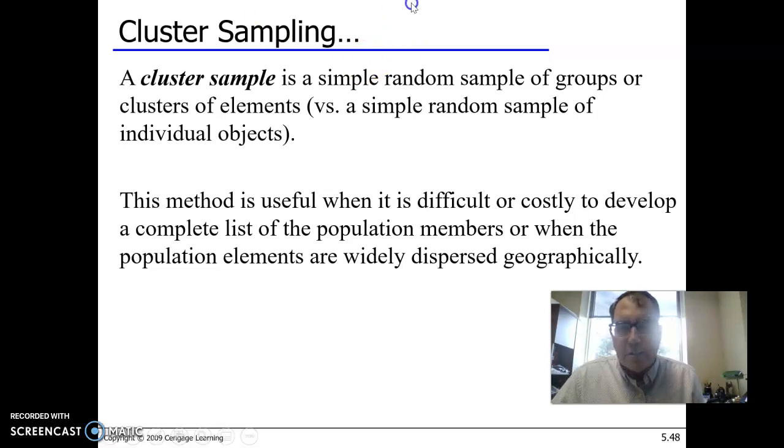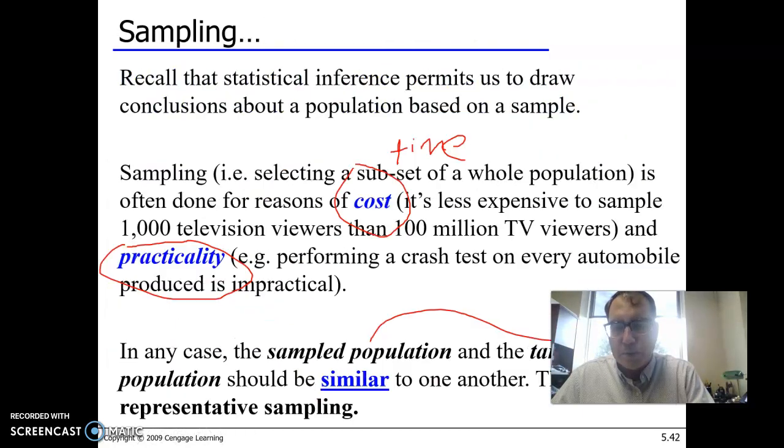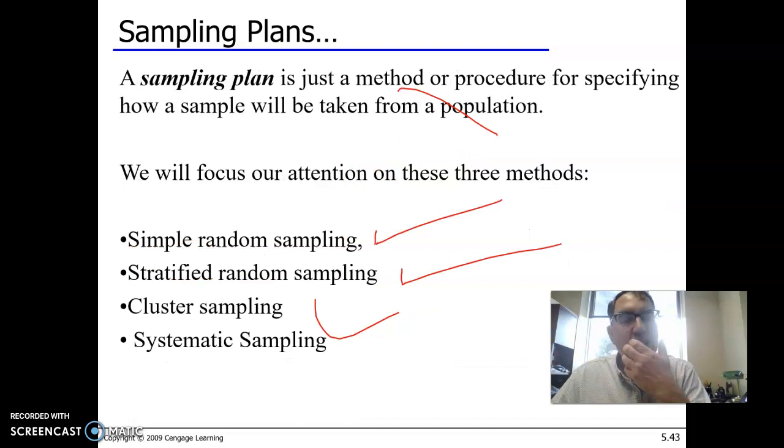The last type of sampling plan that I want to talk about is systematic sampling. Systematic sampling differs from simple random sampling in that it follows some kind of system. For example, if we took a phone book and we said our sample is going to be every person at the top of every page.